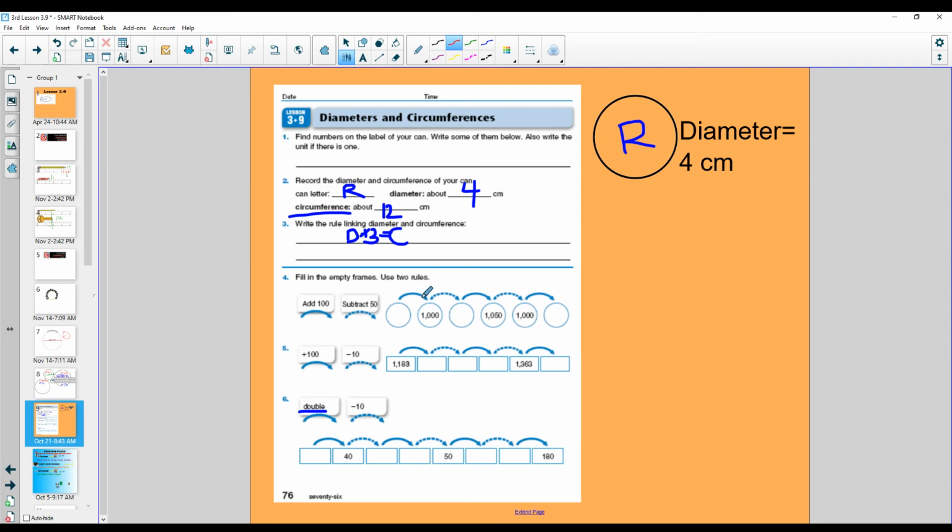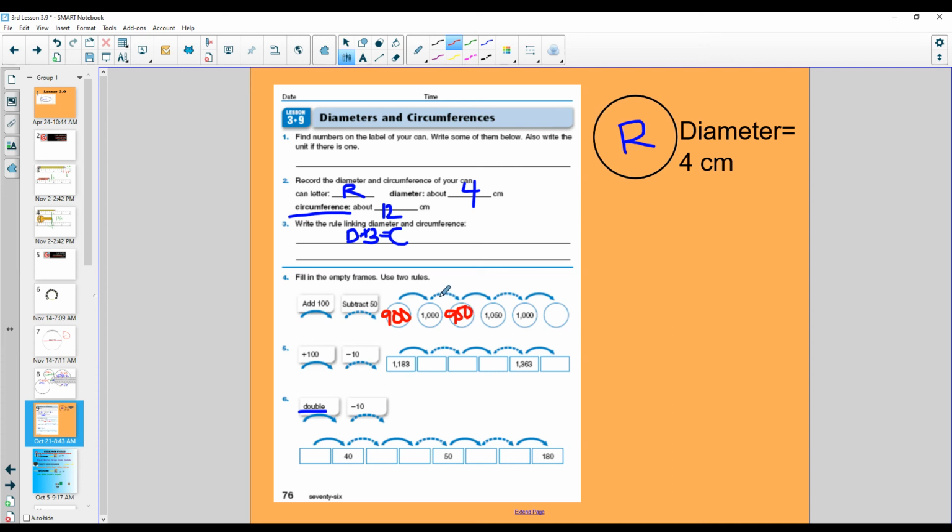All right, here I'm going to go backwards. So 1,000 minus 100 gives me 900. If I do 900 plus 100, I get to 1,000. Okay, 1,000 take away 50 is 950.